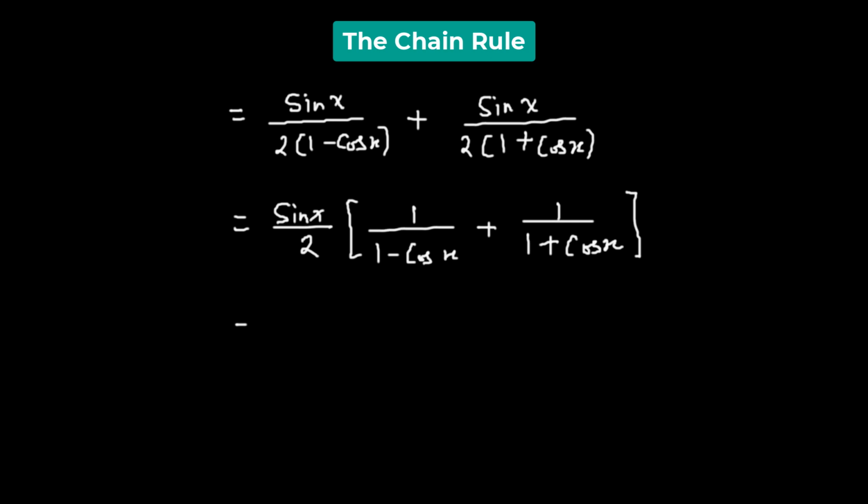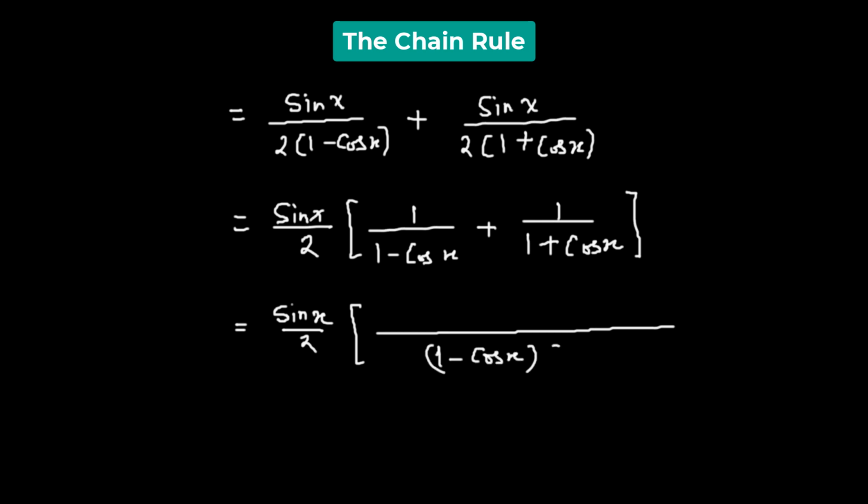This will be equal to sine of x over 2 times, over (1 minus cosine of x) times (1 plus cosine of x). So the numerator is 1 plus cosine of x plus 1, and for the second term we have 1 minus cosine of x.